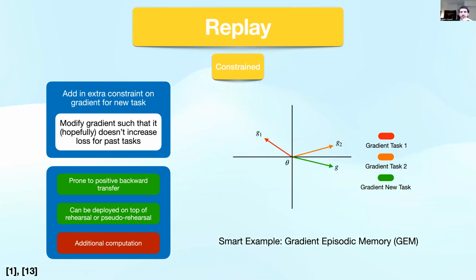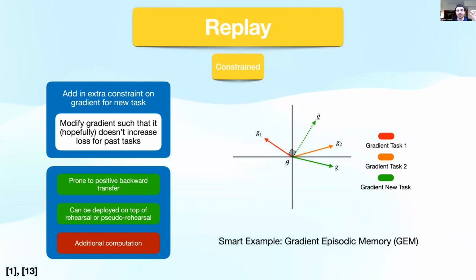So we can look at it here. If the gradient of our new task is g, this would be almost directly in the opposite direction of a gradient created from a task one example. So instead, we choose a new gradient that is kind of the best of all worlds. It doesn't really hurt g and g1 anymore because they're orthogonal, but it does help g2.